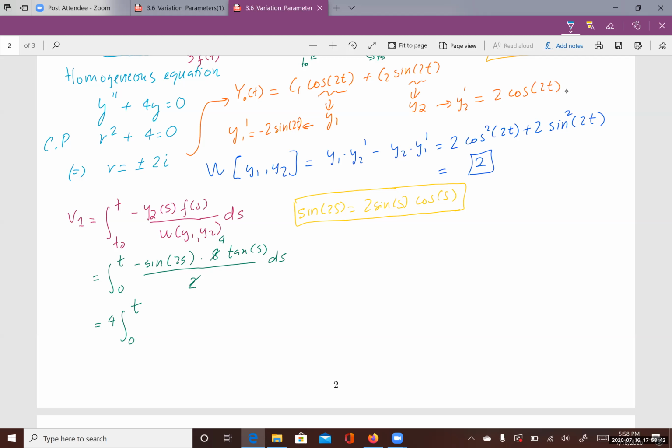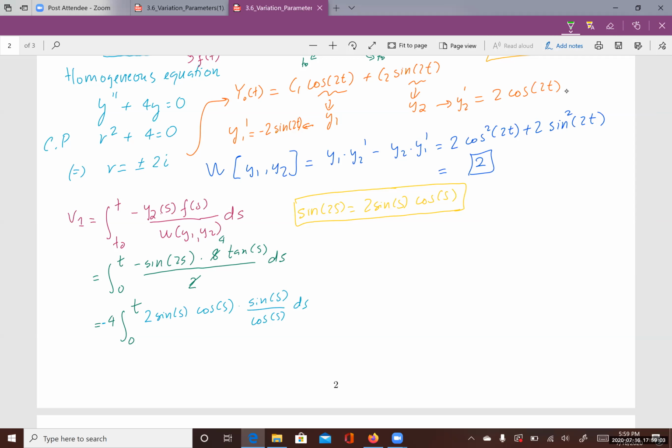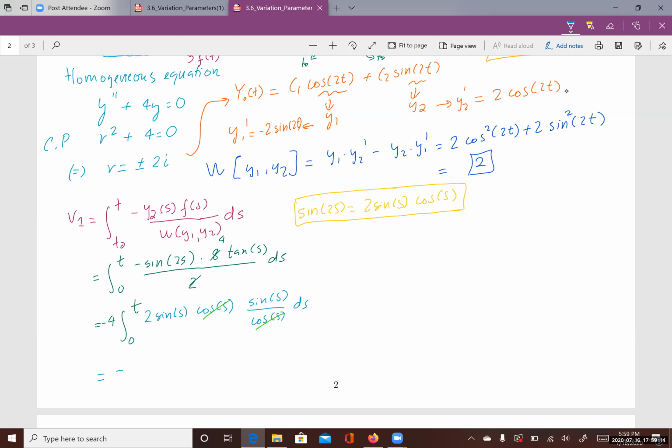So it's going to be negative, so I put the negative out here. 2 sine s cosine of s, and tangent is sine of s divided by cosine of s, ds. Okay. Then we should cross this out, and combine all of this to get -8 integral from 0 to t of sine square of s ds.